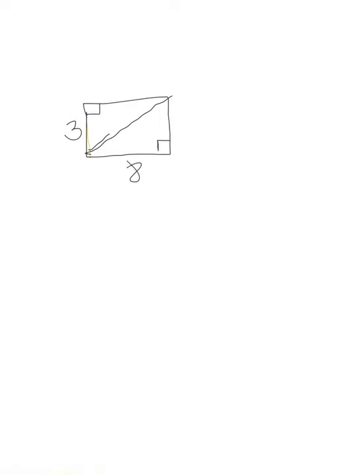So if I want to find the area of half of this, what you're going to do is take 8 times 3 equals 24. Now that gives you the area of the whole rectangle.